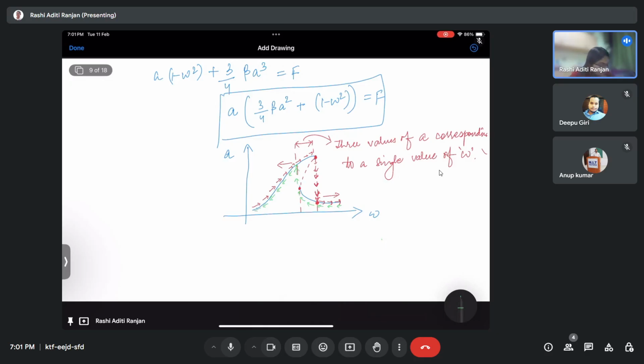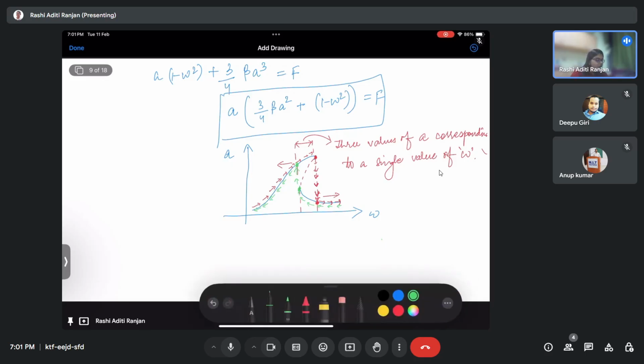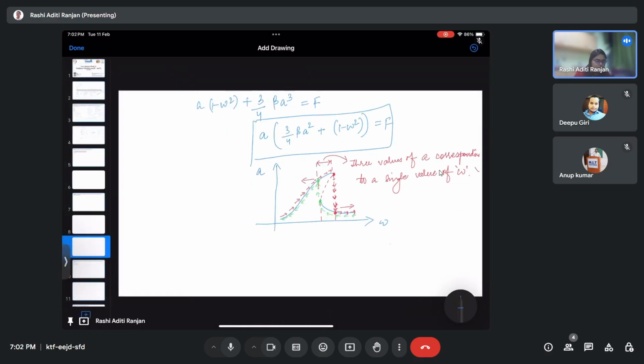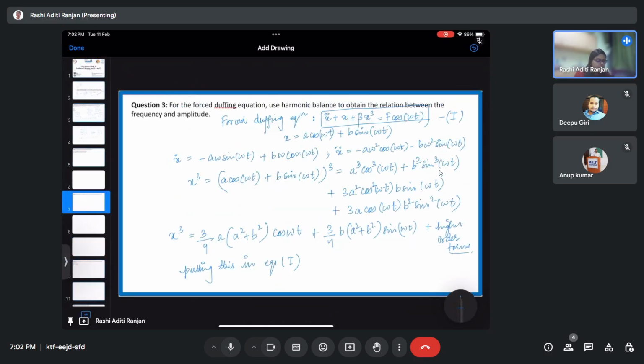Okay, so the system essentially jumps from this point to this point. So this is what we call the jump phenomena, and you are going to get this for a nonlinear equation. This was a very simple equation, with just a bit of nonlinearity in terms of x cube, beta x cube. That's it.